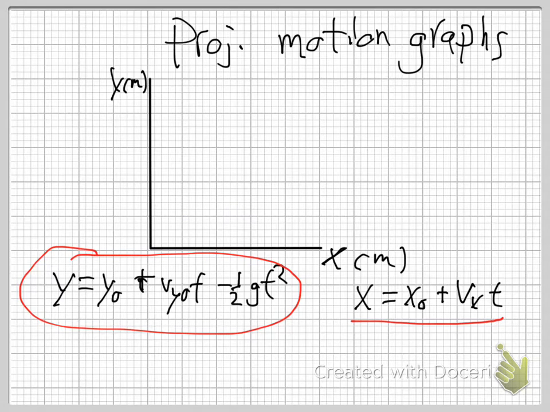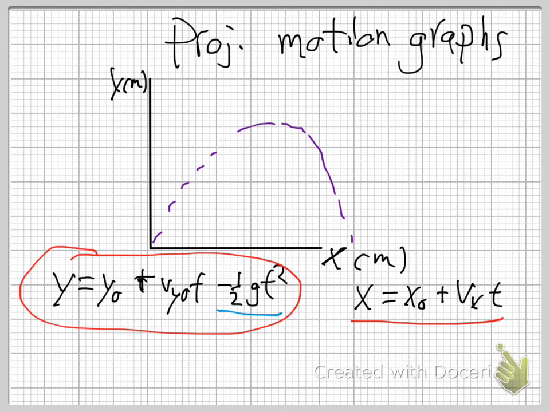Okay, now when you graph this for any projectile motion, it's going to look parabolic. So it's going to look like this if it's for something that lands at the same height, which if you're in an advanced math class you should be able to tell because of this negative t squared quantity.